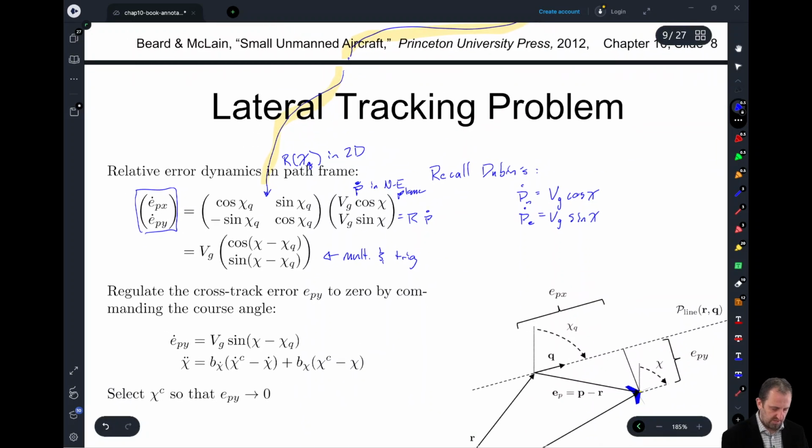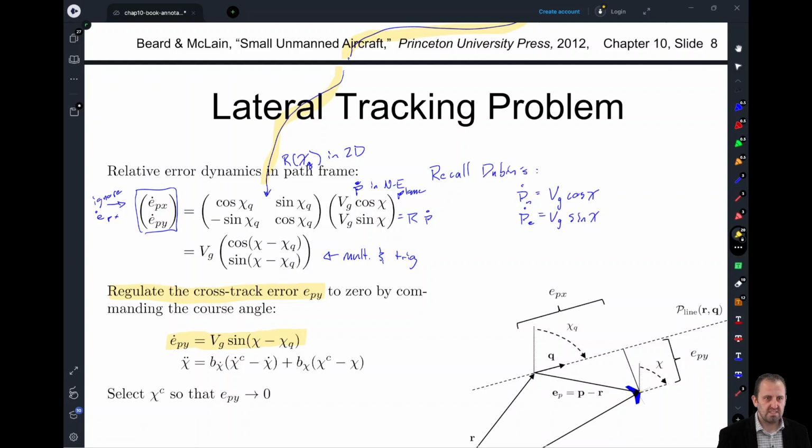Again, for now, we'll completely ignore this E sub px. We don't care how our error is growing there. What we do care about is the error in our cross-track. So we regulate the cross-track error to 0. So then what we're doing is we're trying to send that to 0.